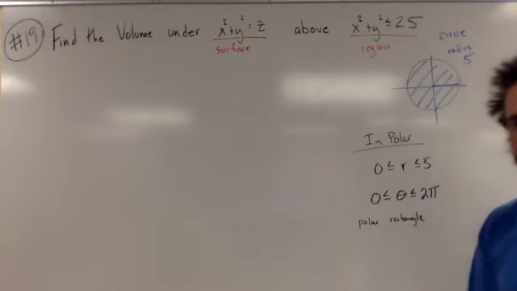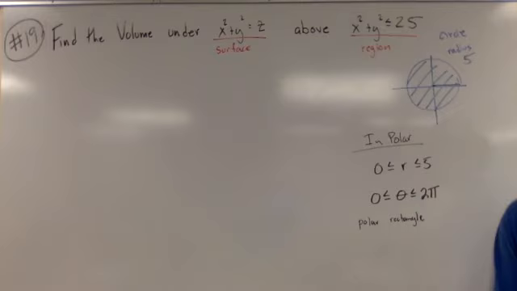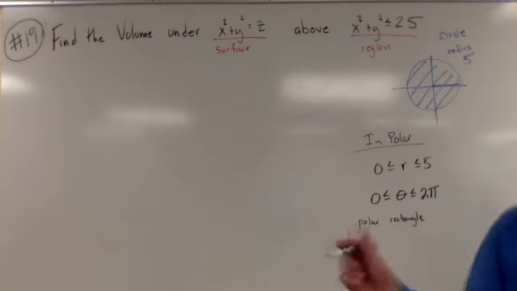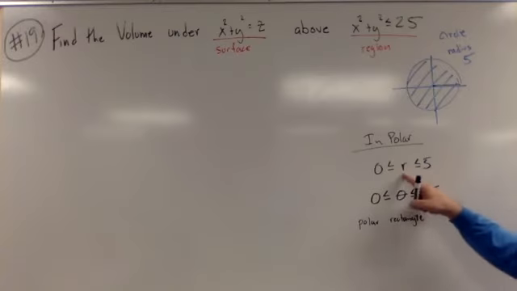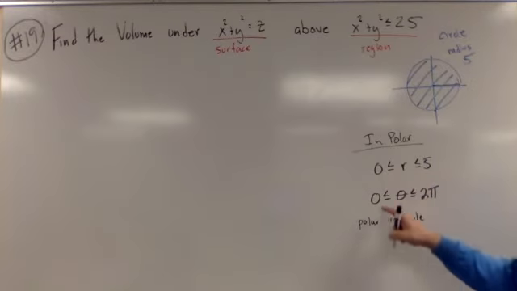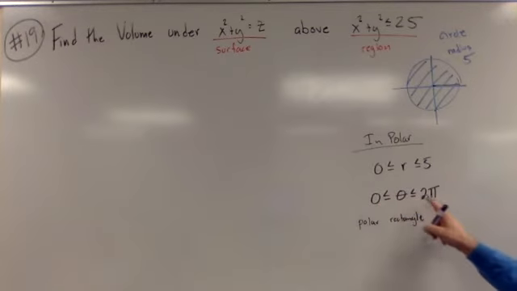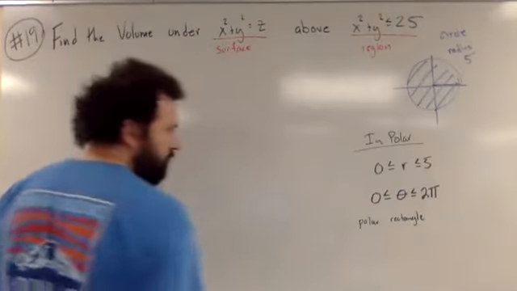I mentioned it a couple times when I did the introduction, the notes explanation video, but I don't think I did a very good job of pointing out and specifically showing what it is. Here, we call it a polar rectangle because my r is bounded by 2 constants, and then my angle theta is bounded by 2 constants. Similar to what we had in rectangular coordinates.